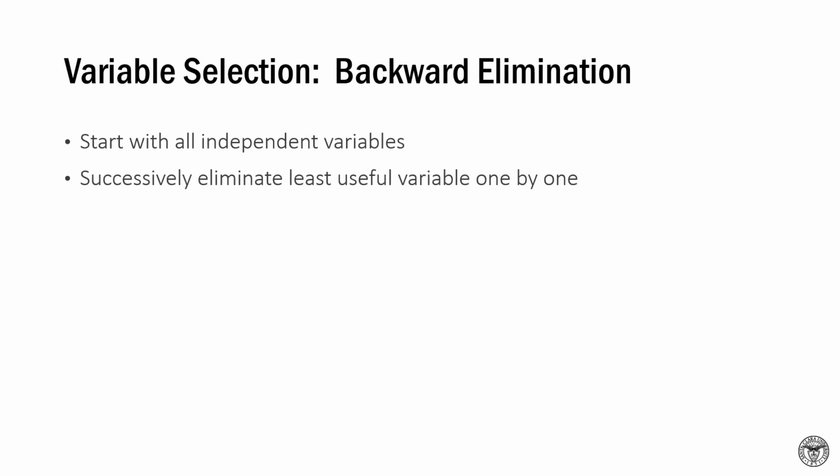Backward elimination is a variable selection technique used in multiple regression analysis. It involves removing variables from the model one at a time, based on their contribution to the model's predictive power.